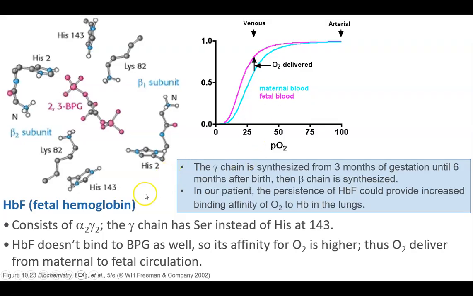That means that fetal hemoglobin has a higher oxygen binding affinity. So this could explain why she has no problem binding oxygen in the lungs, because she has some fetal hemoglobin that can do that. That's not what it's doing in the fetus, but she's not a fetus. She's a 5-year-old girl. But the hemoglobin F is doing what it does in the fetus, which is not binding BPG as well and increasing the oxygen binding affinity.